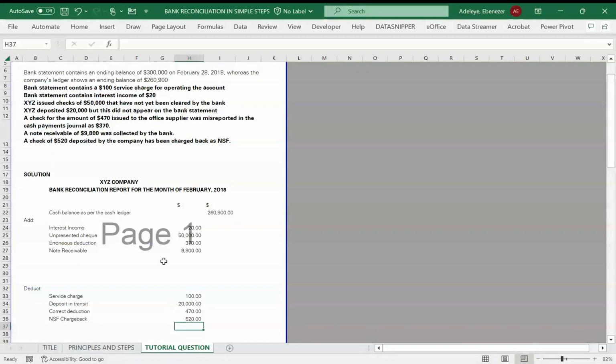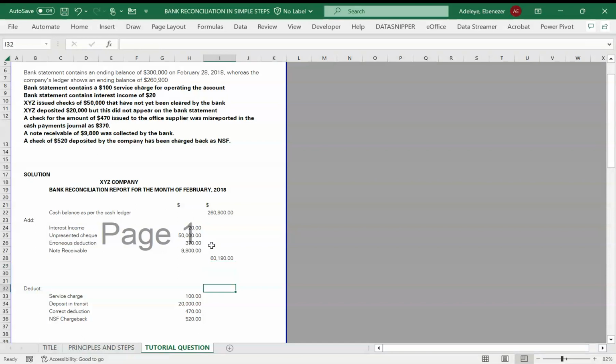The next thing for us to do is to have a sum of everything. For my sum, I'll just type alt is equal to on the cell where I want the sum to be. Now I will shift my cursor to what I'm trying to sum up, and I'll click enter.